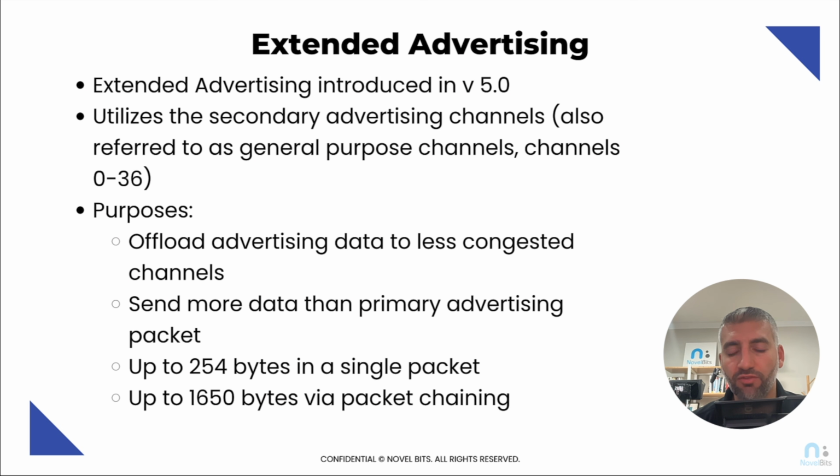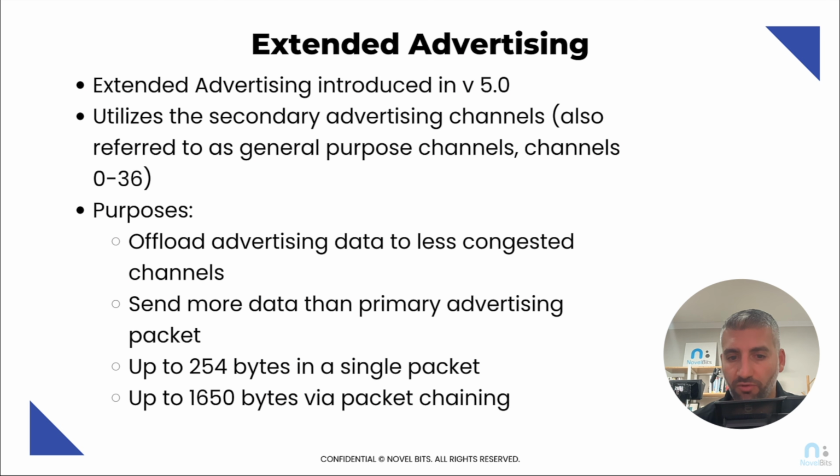So we wanted to be able to offload a lot of the advertising data to the less congested channels, the channels that are used for connections usually, and those are channels 0 to 36. So that's the main purpose, the first purpose. Also, now we can send more data than what we could send in the primary advertising packets on the primary advertising channels.